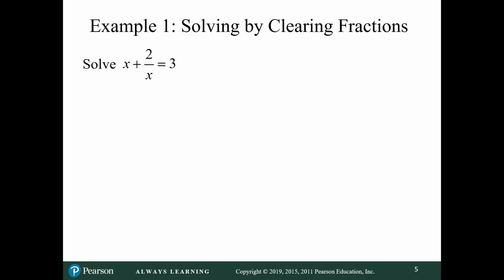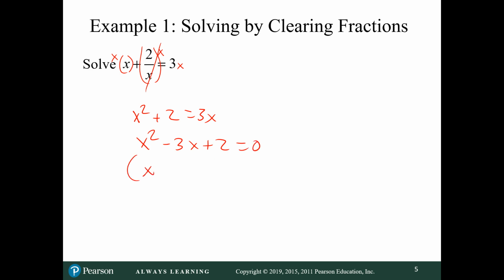Okay, let's try this one. What do we multiply by? X. So everything basically gets multiplied by x. The x's cancel here. So x squared plus 2 equals 3x. So x squared minus 3x plus 2 equals 0. X minus 1 times x minus 2 equals 0. X equals 1.